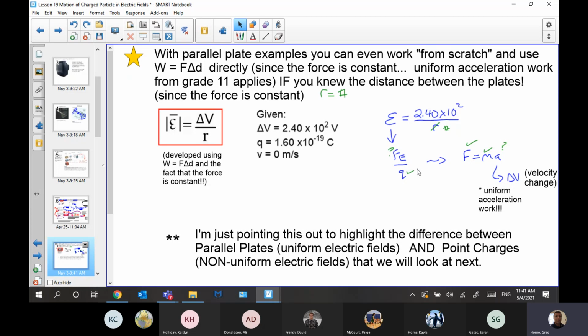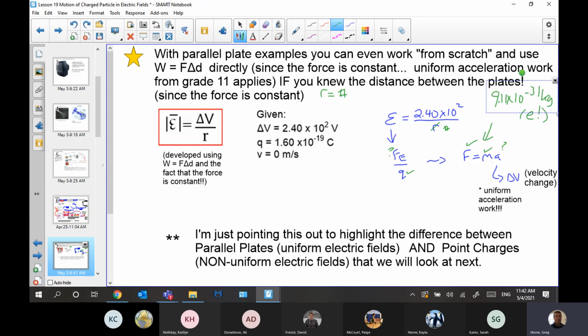And then I know the charge because it's an electron. And I can figure out that force value, and I know the mass value, which we do because it's 9.11 times 10 to the negative 31 kilograms, right? Because it's an electron.